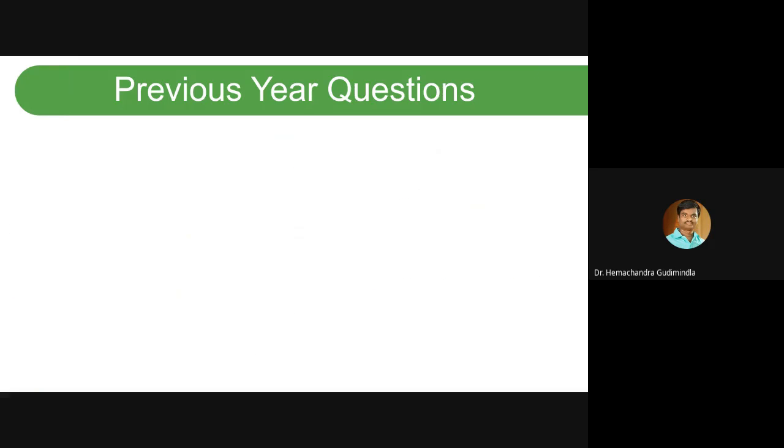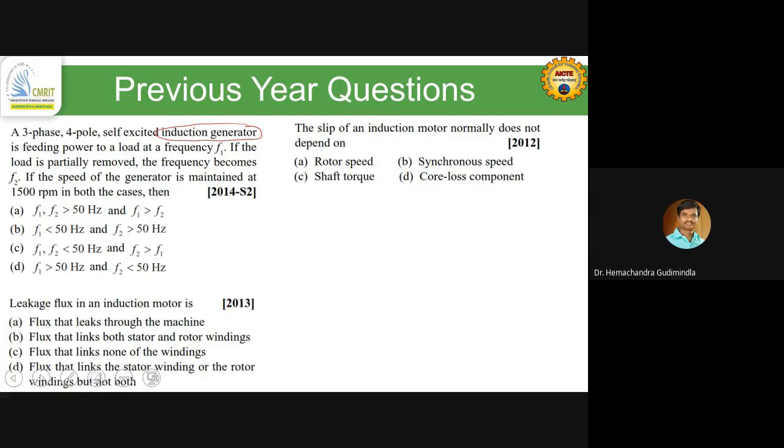Whenever we are talking about the generator, slip is (Ns minus Nr) by Ns.